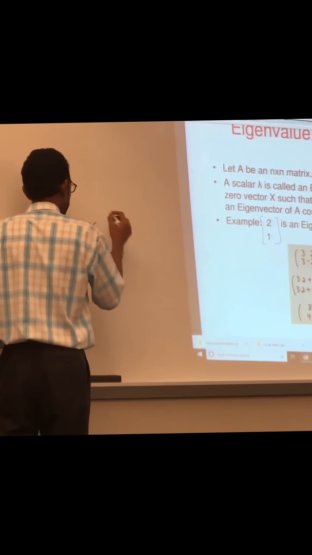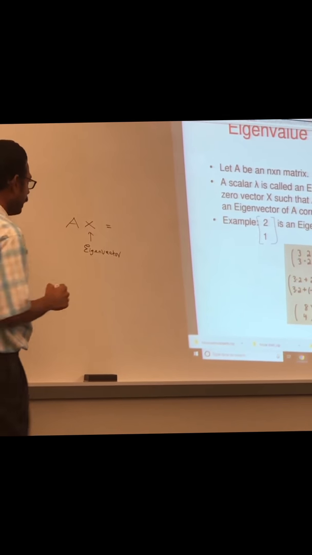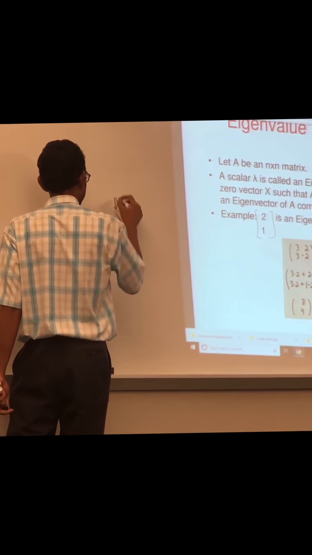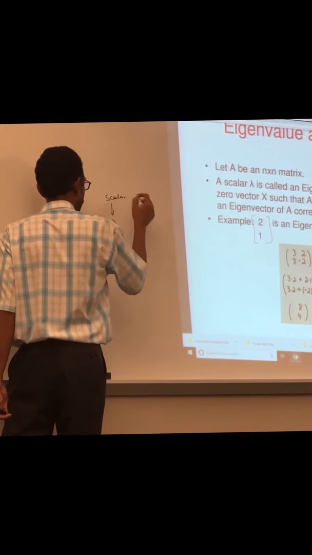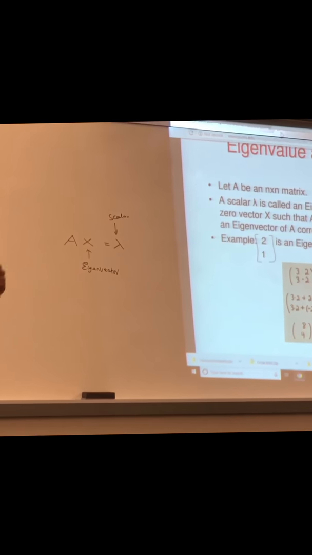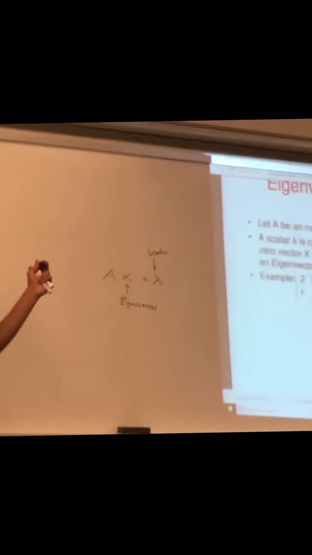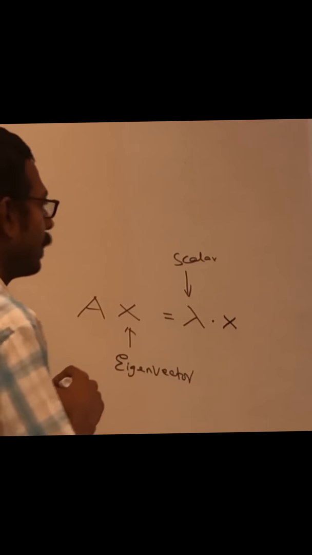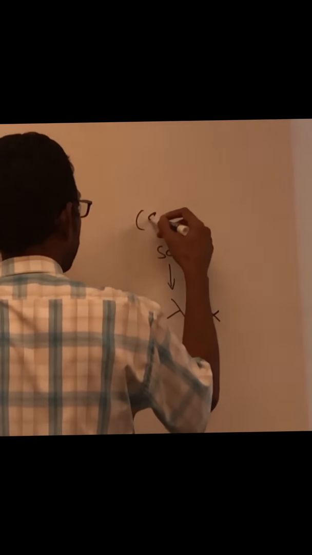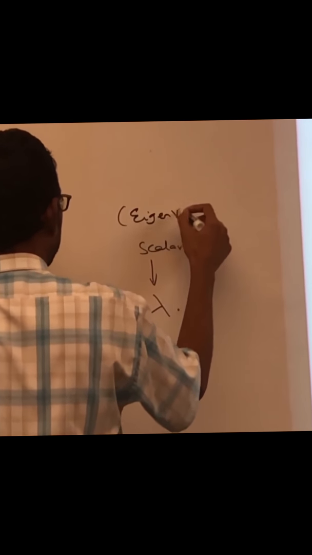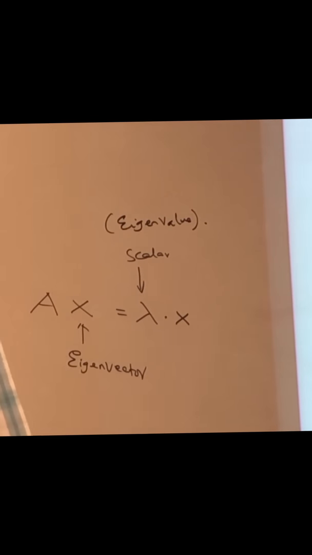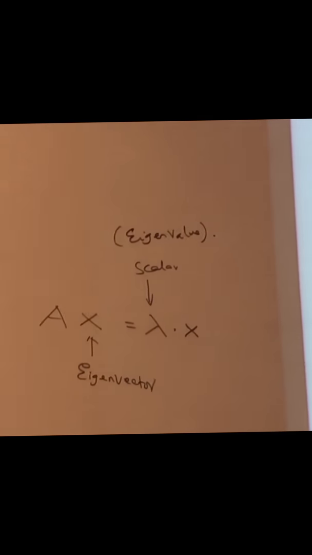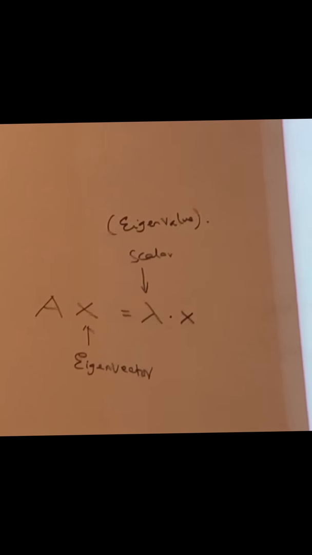The result of this multiplication will be a scalar, a value like 2.5 or 3, some number, times the eigenvector. The scalar is called the eigenvalue. If they satisfy this relationship, then they are the eigenvalue and the corresponding eigenvector.